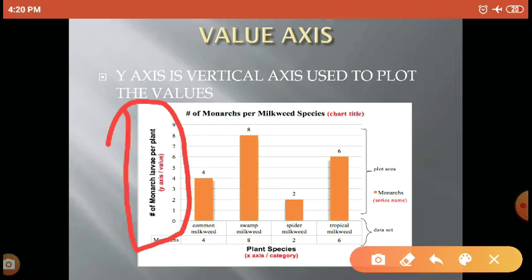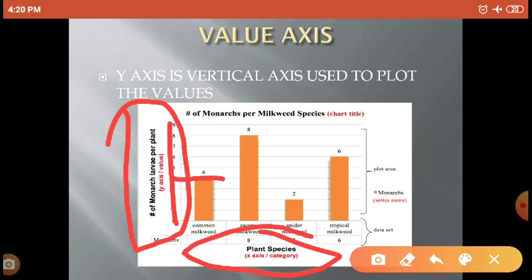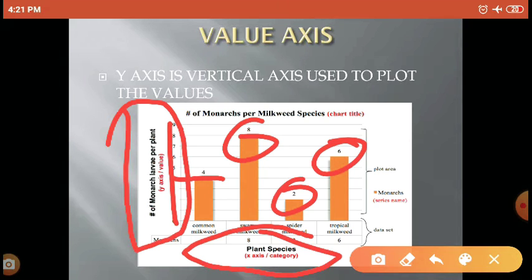Now see, this is your y axis, this is your x axis, plants, species. See the example. Like you can plot, milkweed we have planted 4. Then this plant we have planted 8. This we have planted 2, this is 6. So this is your y axis and this is our x axis.